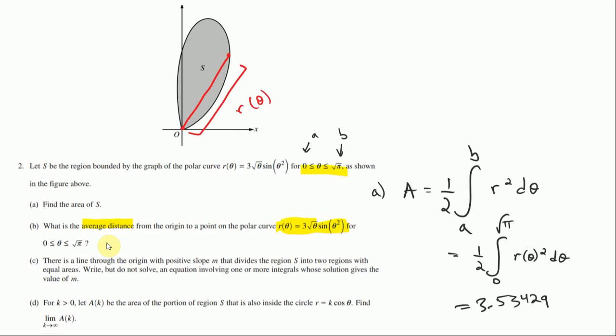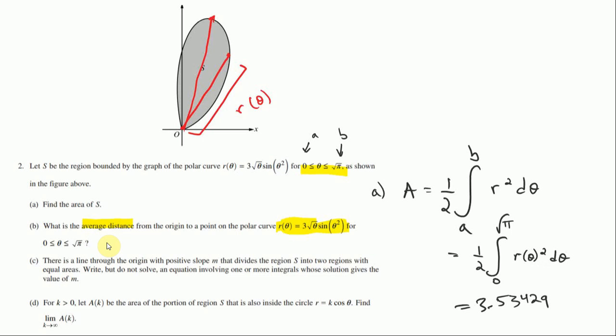So if you're going to take the average of two distance values, you're just going to take this r of theta and this r of theta, add them up and divide by the amount. So for this average distance, we're actually just going to integrate its average value and then divide by the same thing.